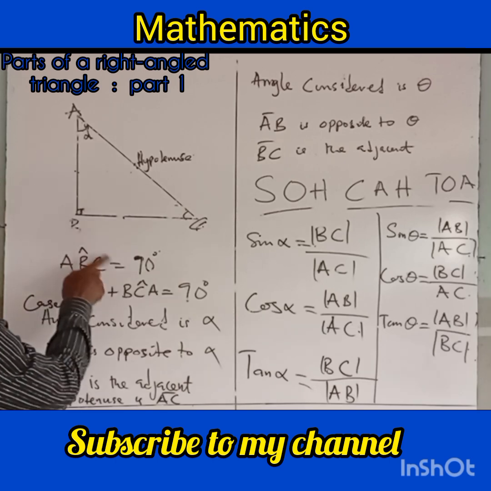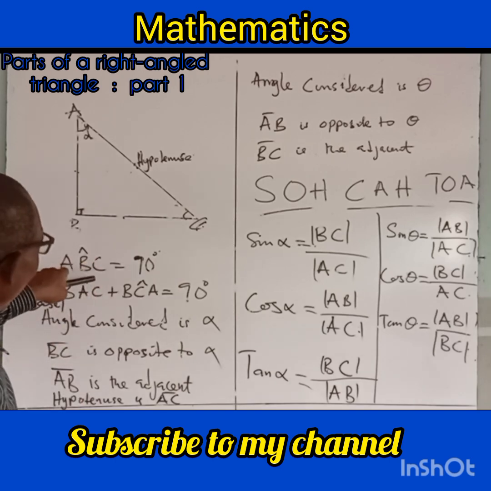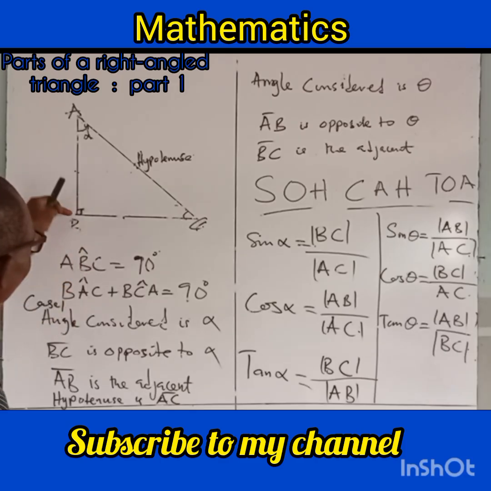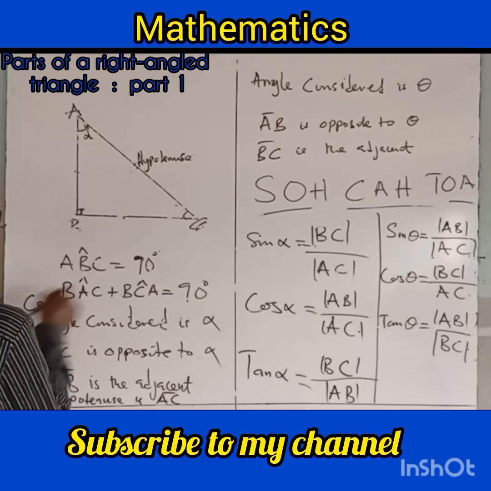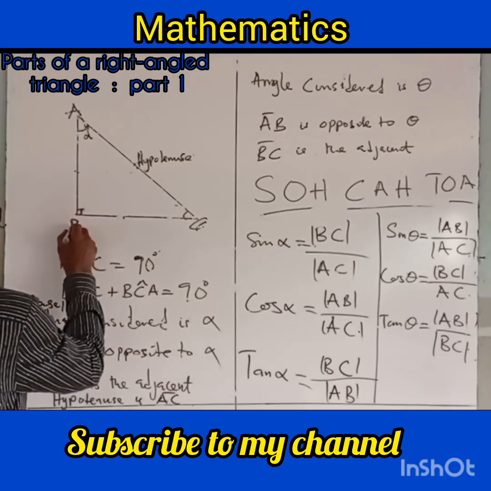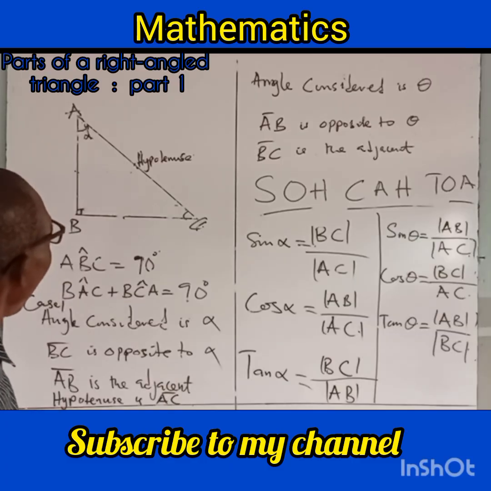So angle ABC, you can see the way an angle is represented or written. B in the middle with this symbol, showing that you are referring to angle B, is 90 degrees in this case. Now, let us look at how to identify the other sides of a right angle triangle.